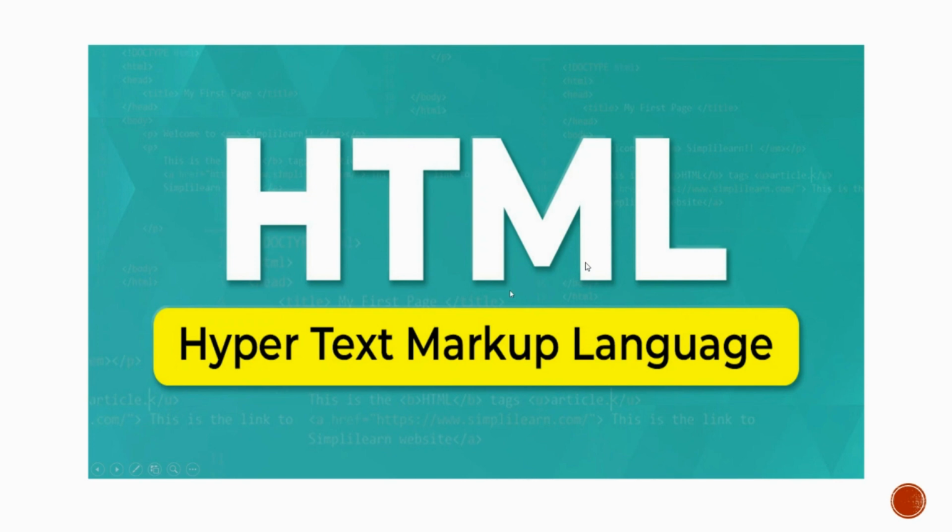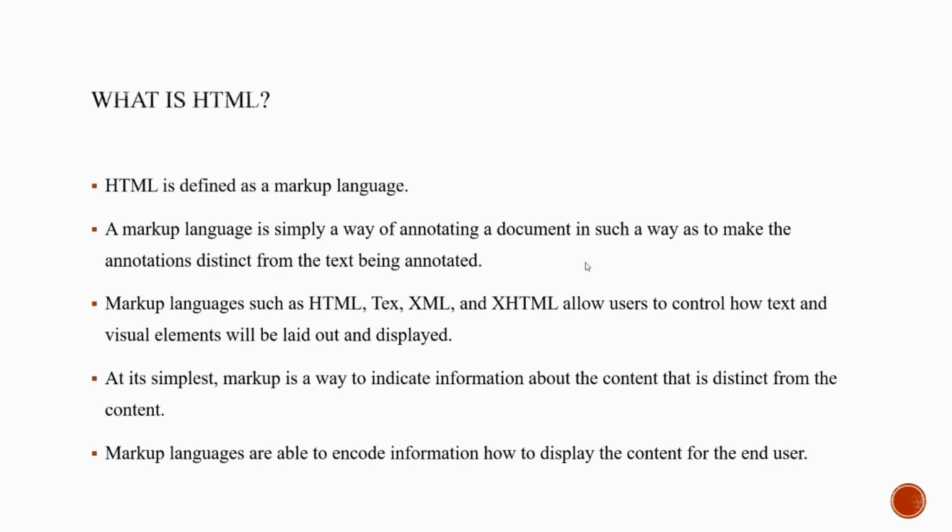HTML, Hypertext Markup Language. What is HTML? HTML is defined as a markup language. A markup language is simply a way of annotating a document in such a way as to make the annotation distinct from the text being annotated.